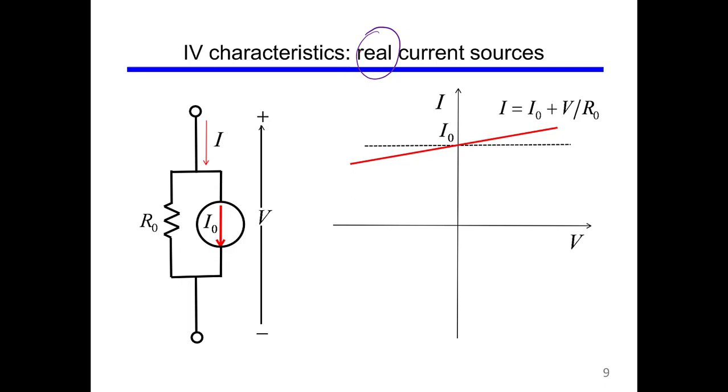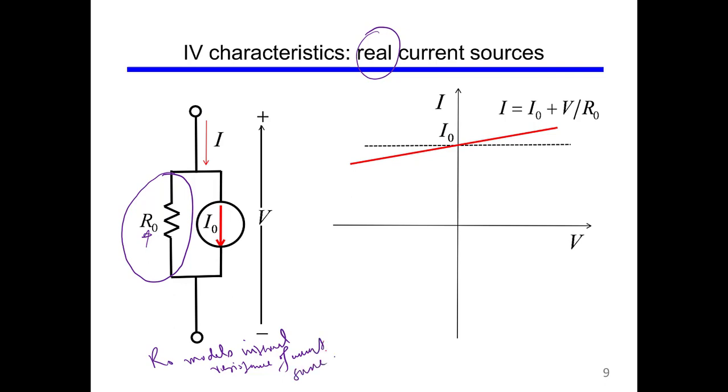We always have a non-ideal current source, which means that with the current source in parallel we have a resistor R0, which models the internal resistance of the current source. Due to this kind of structure our curve looks like this and not like this. So that was for ideal, and this one is for actual.